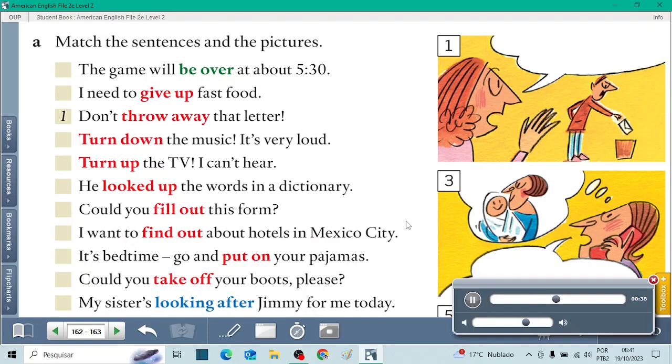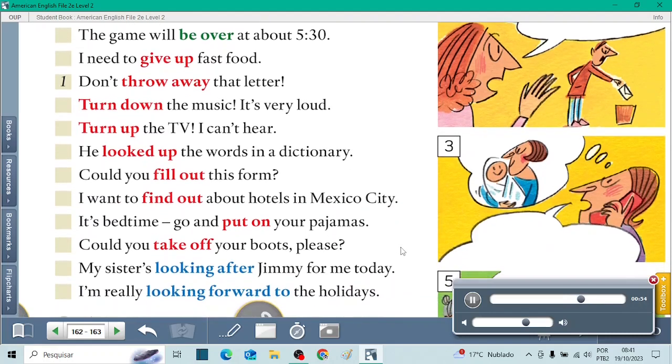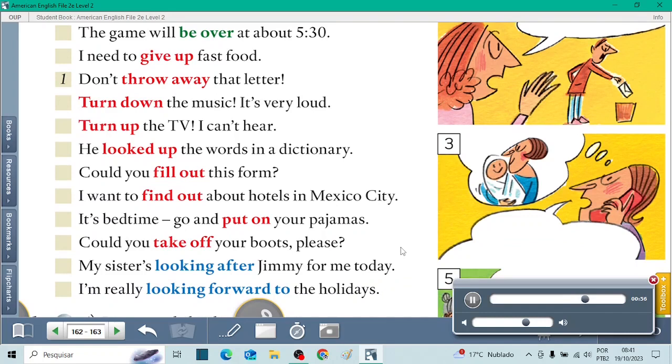He looked up the words in a dictionary. 2. Could you fill out this form? 12. I want to find out about hotels in Mexico City. 8. It's bedtime. Go and put on your pajamas. 11. Could you take off your boots, please? 3. My sister's looking after Jimmy for me today. 6. I'm really looking forward to the holidays.